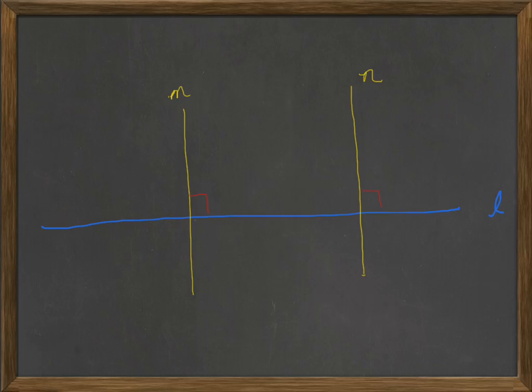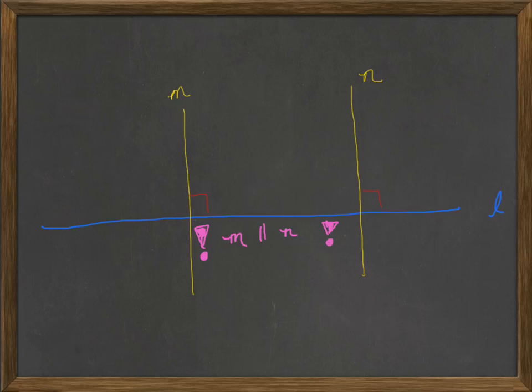And then let's say that we have another transversal. We're going to call it line N. And when that transversal cuts through line L, it also forms a right angle. So what, you say? Well, the so what is that now we know with absolute certainty that line M is in fact parallel to line N.